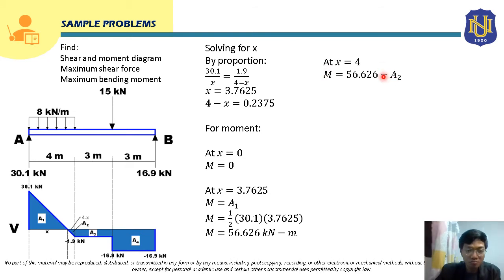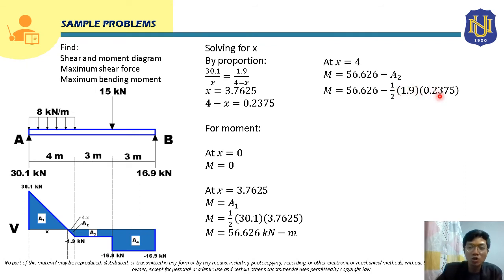That's why it will become 56.626 minus area 2. Again, area 2 is just a triangle, so that will just be 1/2 base times height. So this will become 56.626 minus 1/2 times 1.9 times 0.2375. Therefore, the moment at x equal to 4 is 56.400 kilonewton meter.